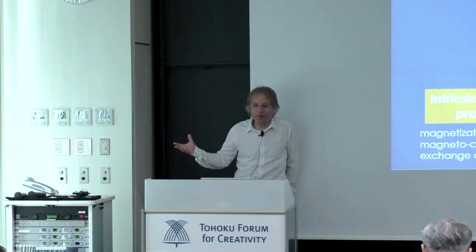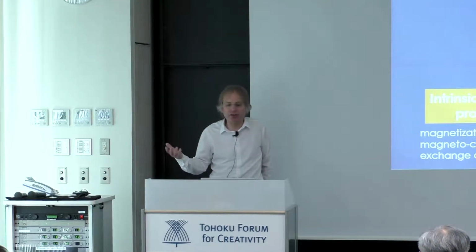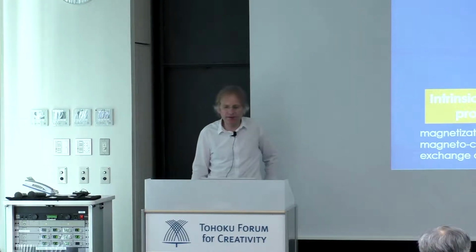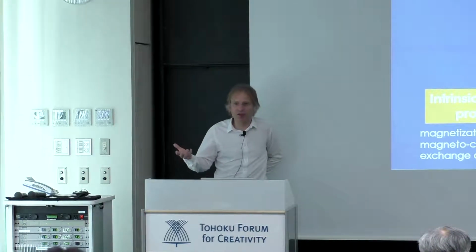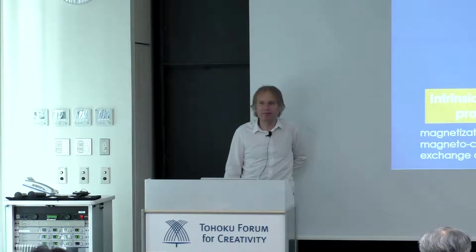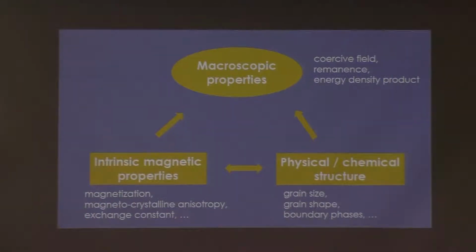On the other side, we have the physical and chemical structure of the magnet. This is the grain size, the grain shape, the boundary phases, the mixture of phases. The combination and the interplay between the intrinsic properties and the structure of the magnet is what determines the macroscopic properties. Normally, it is easy, or not so easy, but we can talk with people who do experiments, and they will let us know what the magnetization, the anisotropy, and the exchange constant are by magnetic measurements.